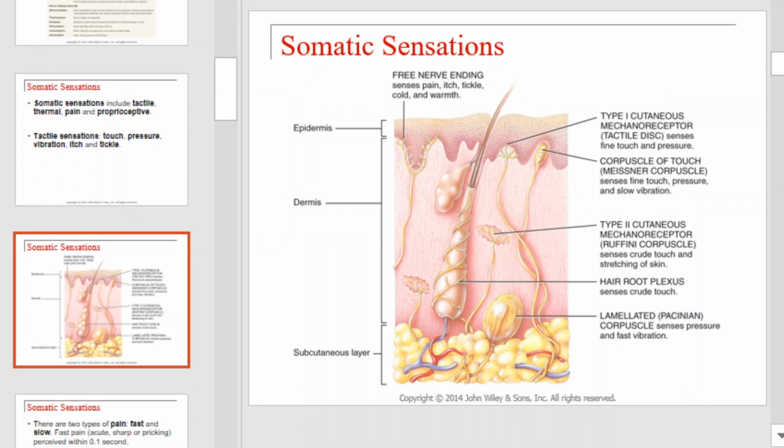This is an illustration of a free nerve ending which can sense pain, itch, tickle, cold, and warmth, along with your type 1 cutaneous mechanoreceptors, corpuscles for touch, also known as Meissner's corpuscles, type 2 cutaneous mechanoreceptors, and laminated Pacinian corpuscles.